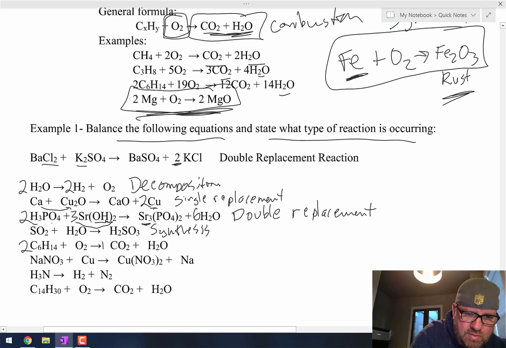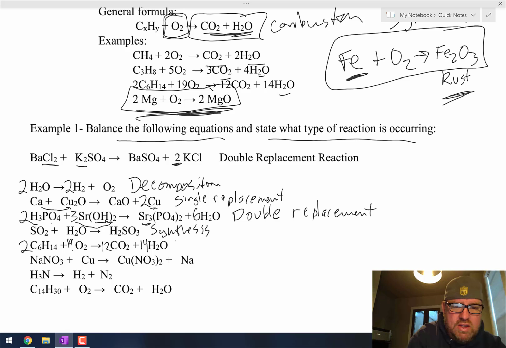So that becomes a 12, that becomes a 14. And just doing some quick math here, 12 times 2 is 24, plus 14 is 38. So that means we need 19 O2s. Okay, and that is, again, something reacting with O2, making CO2 and H2O. Again, 100% of the time, that's going to be a combustion reaction.